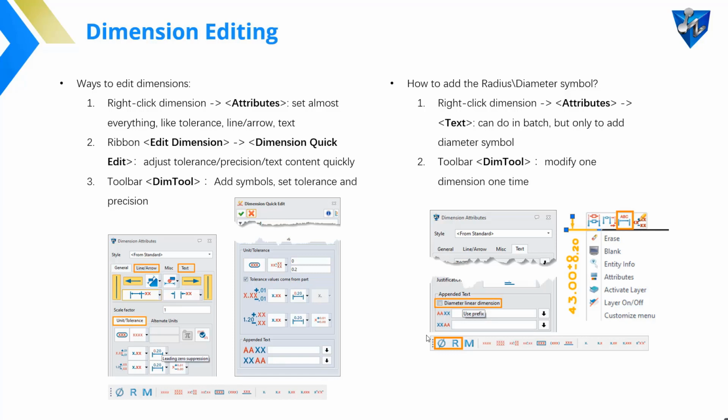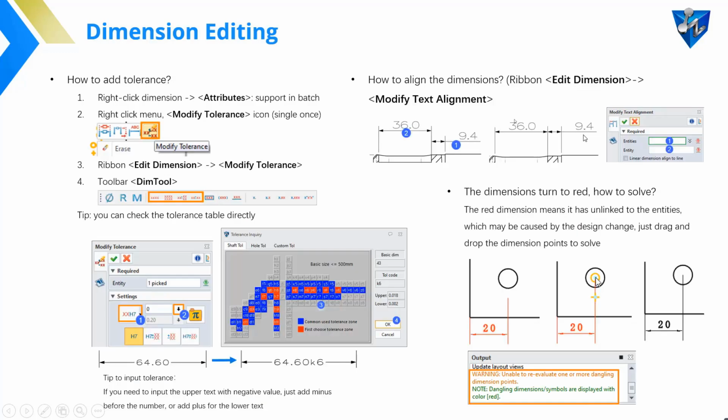And also the third way is using the toolbar, dim tool. Okay, so I will show you how to add the radius diameter symbol, and how to add tolerance, and how to align the dimensions.